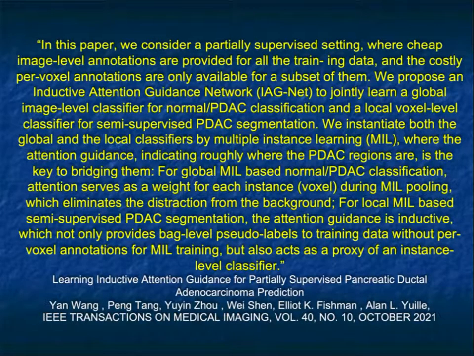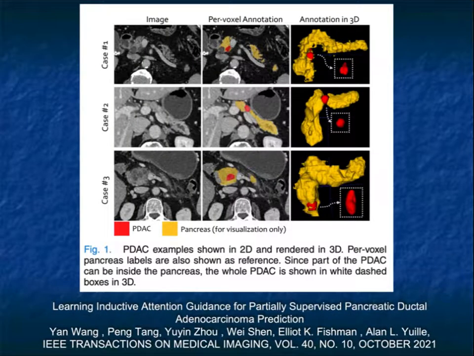And again, looking at what we can do, the guidance is inductive, which not only provides bag-level pseudo-labels to training data without voxel annotations for MIL training, but also acts as a proxy of an instance-level classifier. So again, very, very important, and our results are indeed very good.